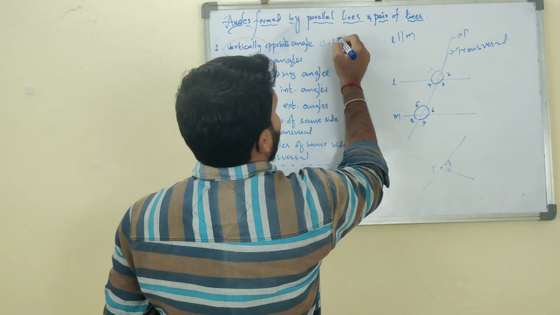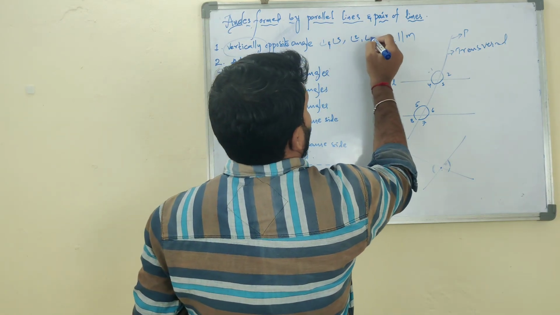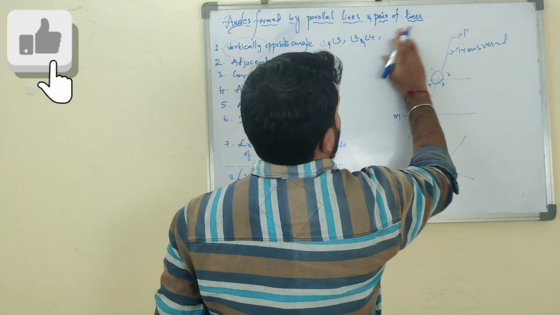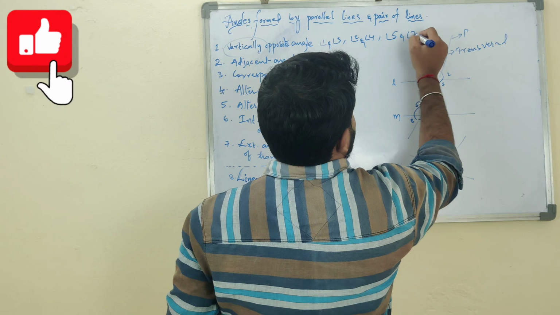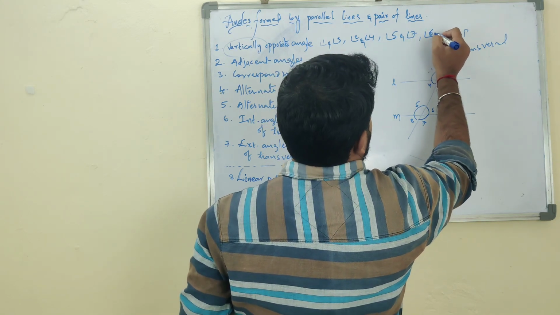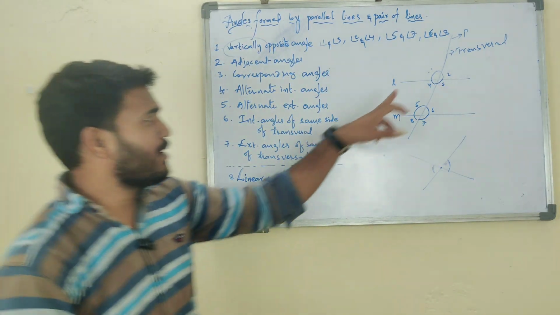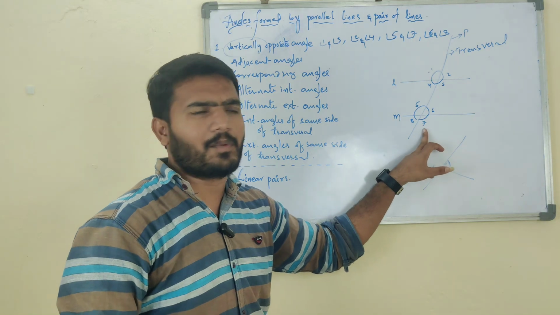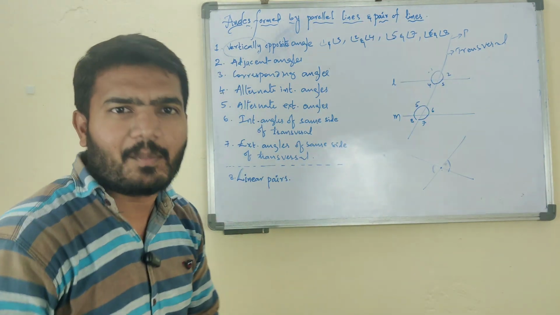Angle 1 and angle 3, angle 2 and angle 4, angle 5 and angle 7, angle 6 and angle 8. These are called vertically opposite angles. You can see 1 and 3 are formed opposite to each other, 5 and 7, 6 and 8, 2 and 4. So this kind of angles are vertically opposite angles.